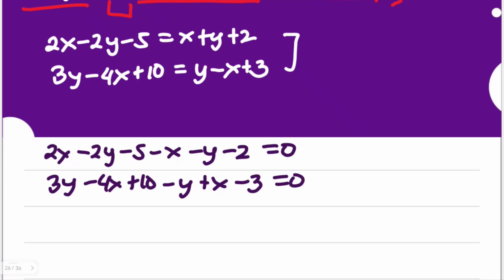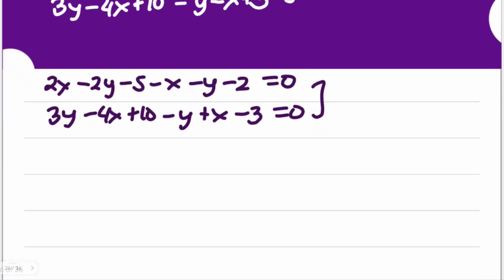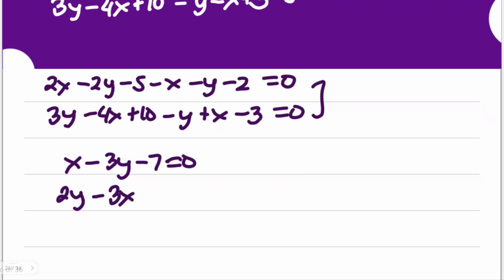So we have the equations in this final form. 2x minus x is x. 2y minus y is minus 3y. You have minus 7 is equal to 0. The other one, 3y minus y is 2y. Minus 4x plus x is minus 3x. And then you have 10 minus 3 is plus 7 equal to 0.